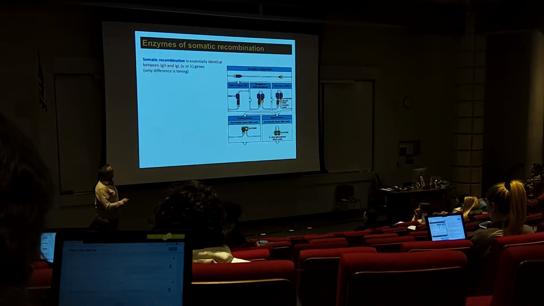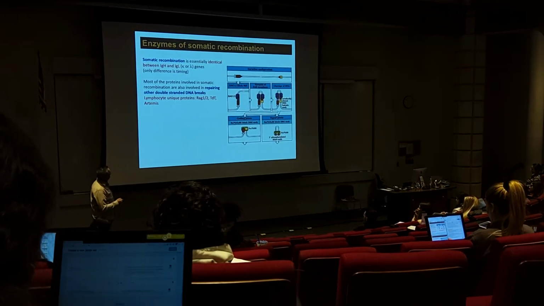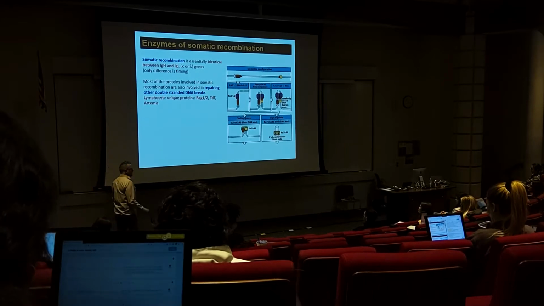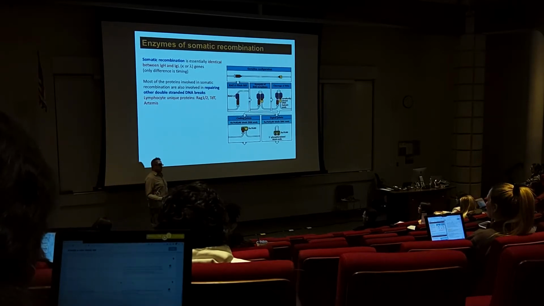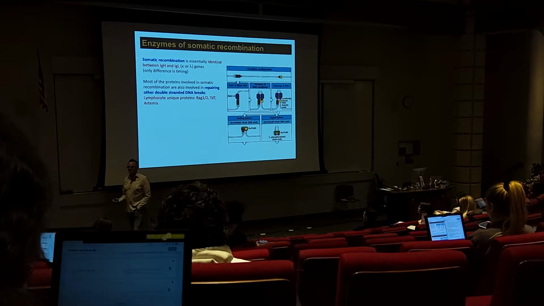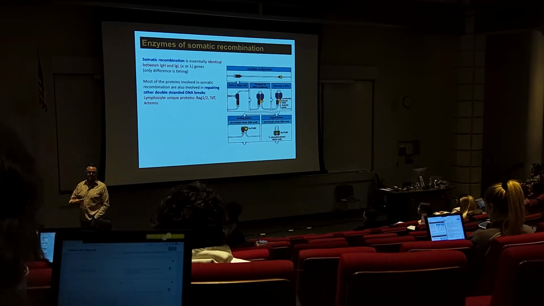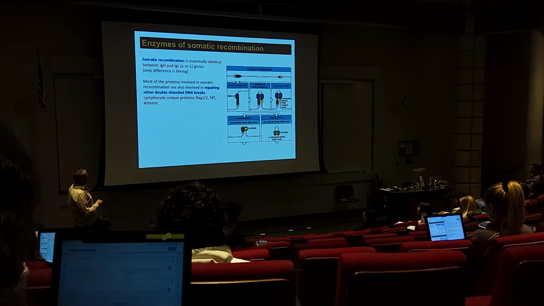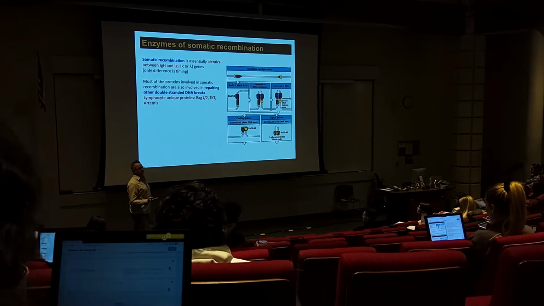The first thing is the RAG enzymes come in to bind those RSSs. What a B cell is really doing is intentionally damaging its DNA and, in the process of repairing it, creating a new sequence. But only these cells do this, so they have some unique proteins: the recombination activation genes 1 and 2, terminal deoxynucleotidyl transferase, Artemis, and all the other ones are just DNA repair enzymes.